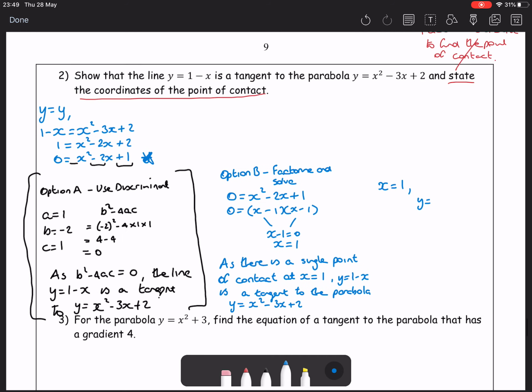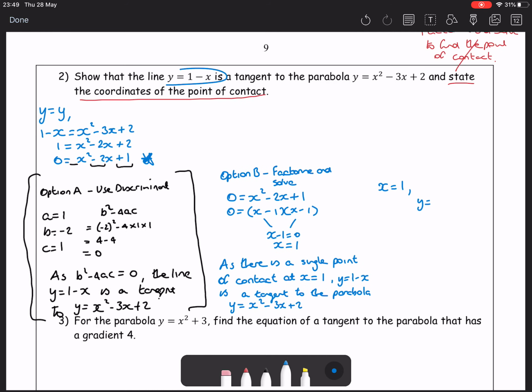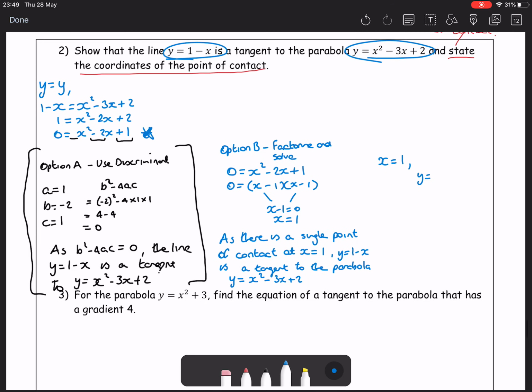Well, I've actually got two options. There's one option for y, there's a second option for y. I can put 1 into either to be able to get a y value out. Pretty much every single time you're going to put it into the straight line. So 1 minus 1, which is equal to 0.